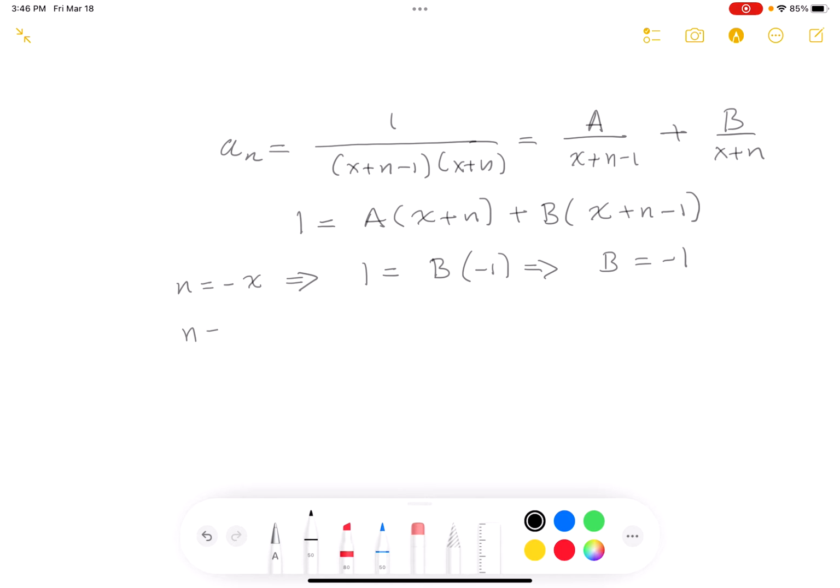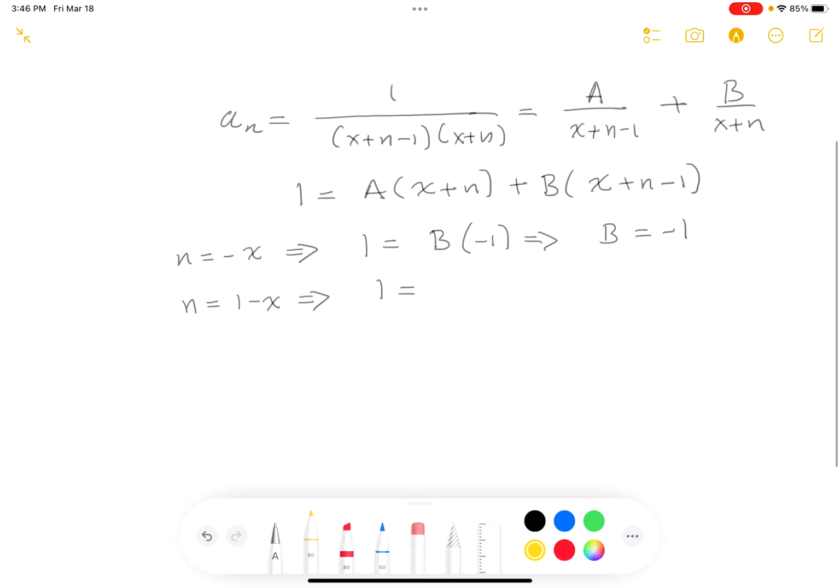Now I'm going to choose n to be minus x plus 1, or 1 minus x. This is 1. And what would you get here? If n is 1 minus x, you get x plus 1 minus x.